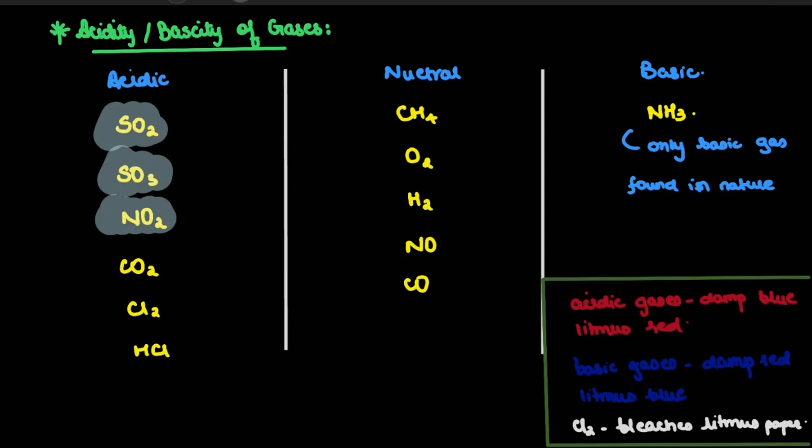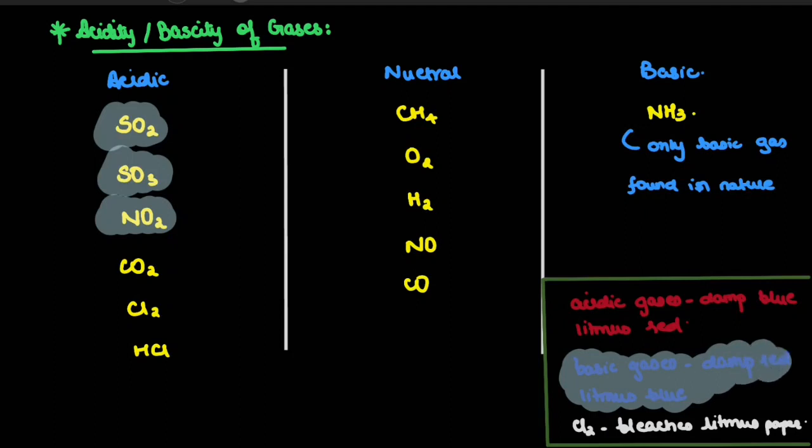And basic gases turn damp red litmus paper to blue. And this specifically is a very important test for ammonia. It's the only test that you're allowed to write in your exams for ammonia.